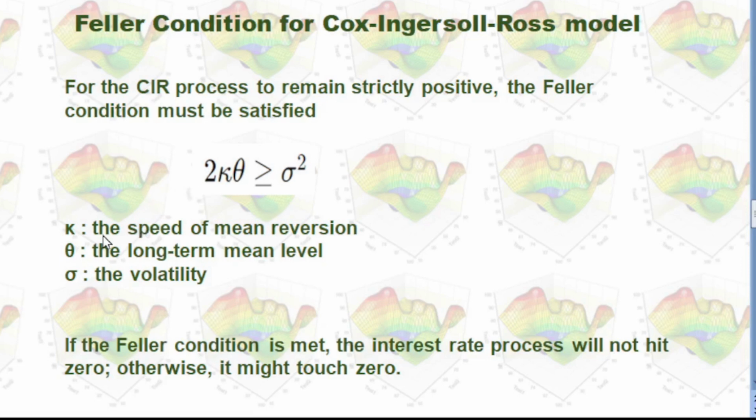As I mentioned before, kappa is the speed of mean reversion, theta is the long-term mean level, and sigma is the volatility. If the Feller condition is met, the interest rate process will not hit zero. Otherwise, it might touch zero.